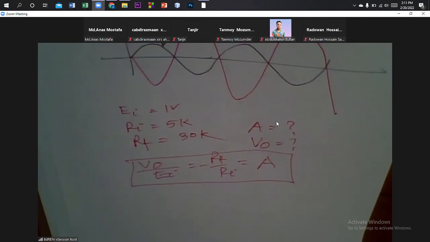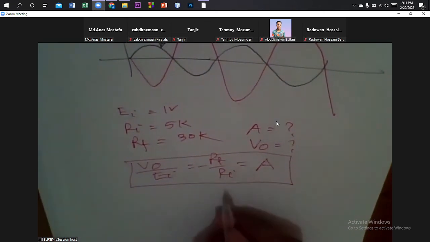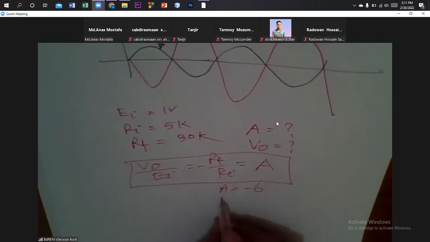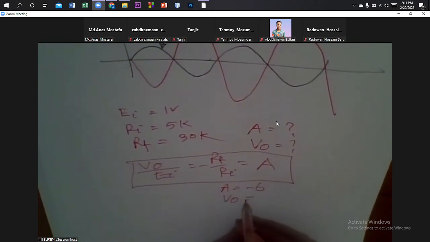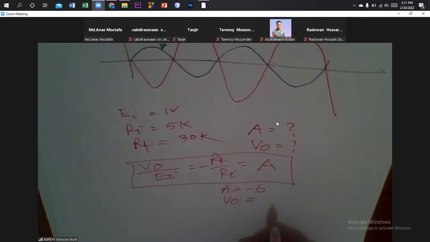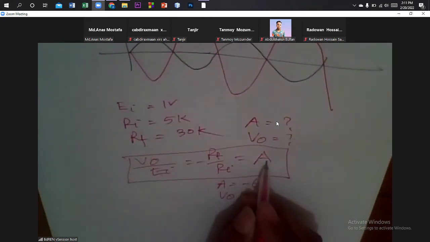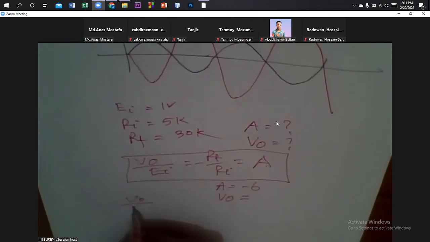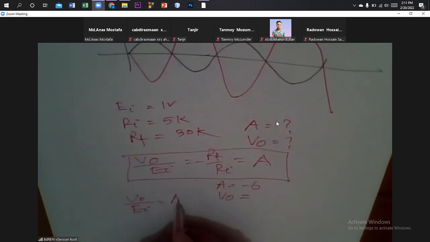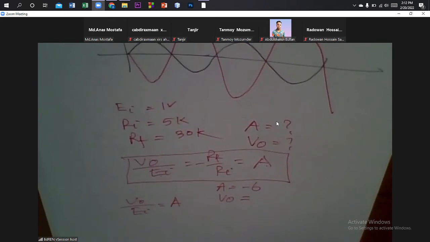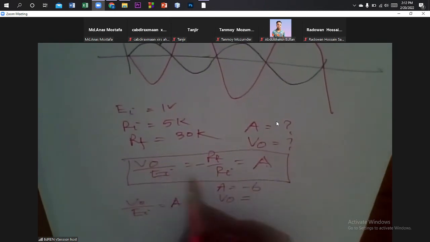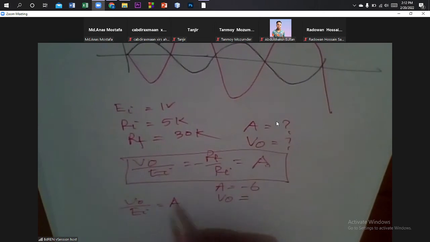Gain is minus 6. And the output V0? V0 divided by EI is equal to A. This is the formula.